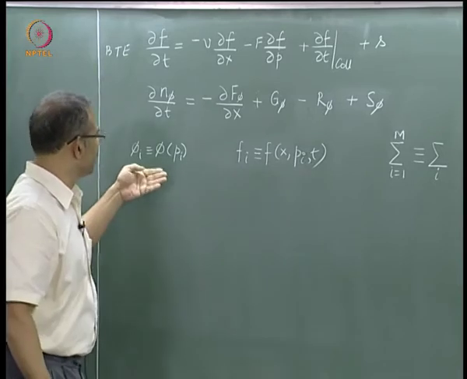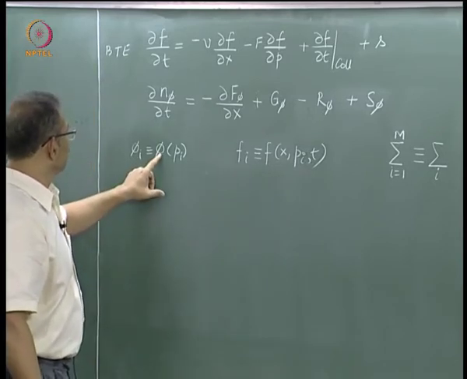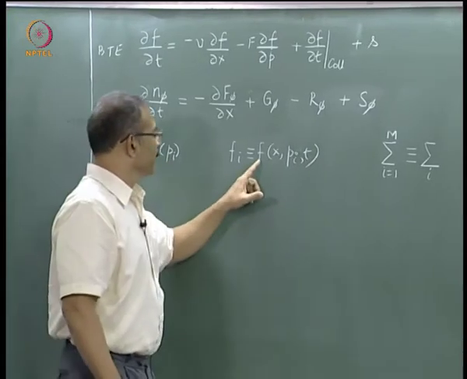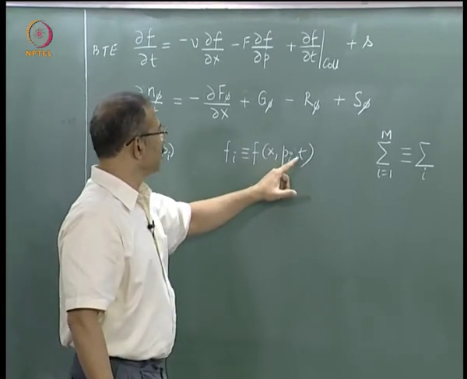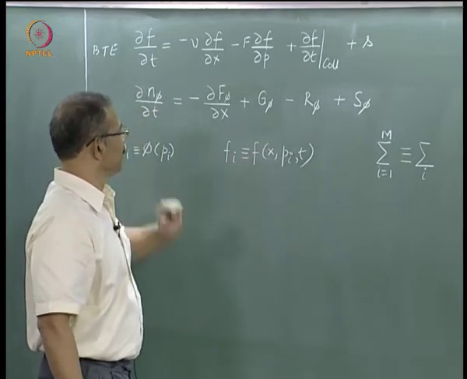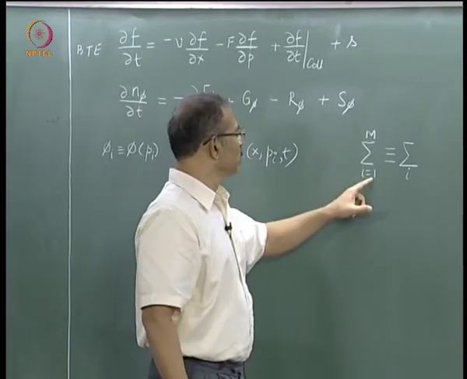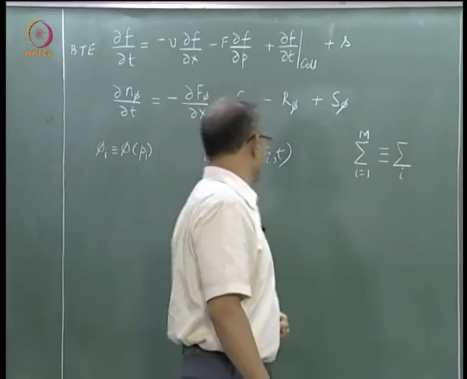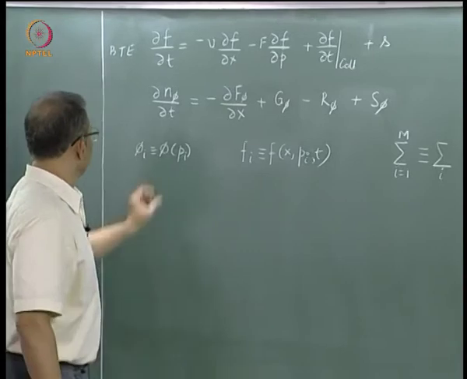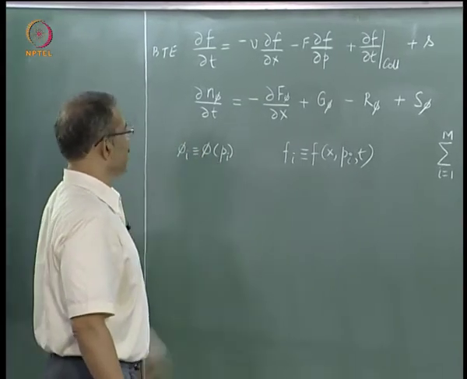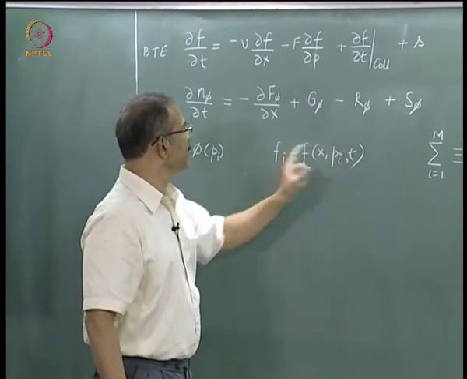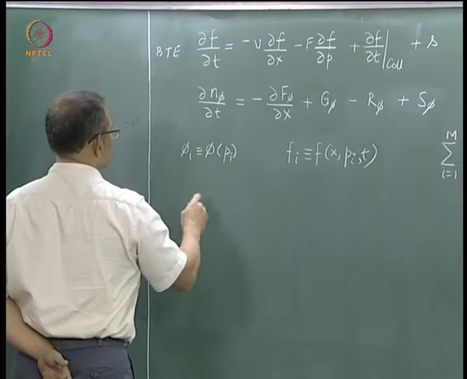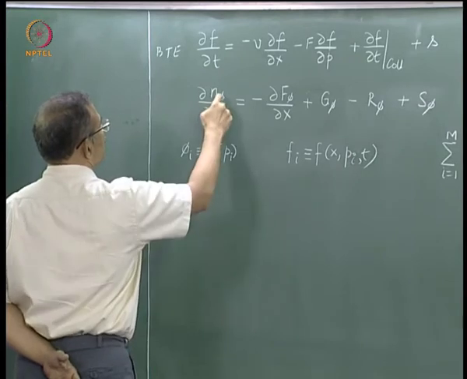So here I have shown some abbreviations. phi of p_i will be represented as phi_i, f of x comma p_i comma t will be represented as f_i, and the summation i equal to 1 to m will be represented simply as summation over i. Phi of p will be simply represented as phi, and f of x, p, t will be f. Okay.